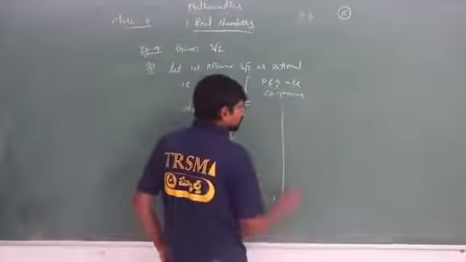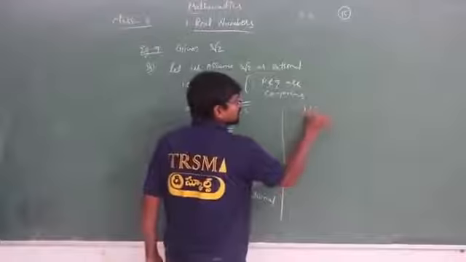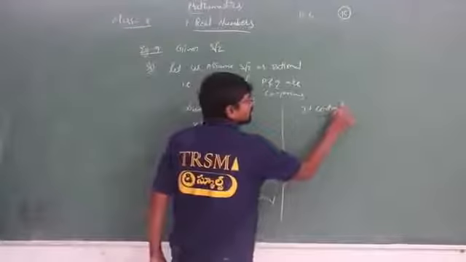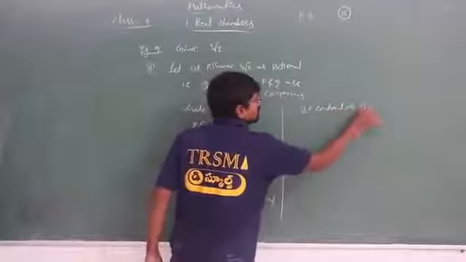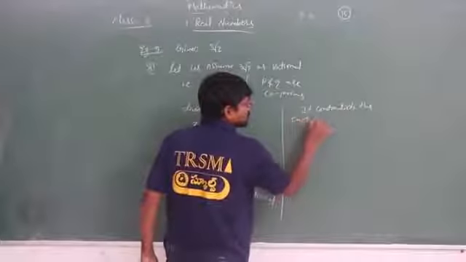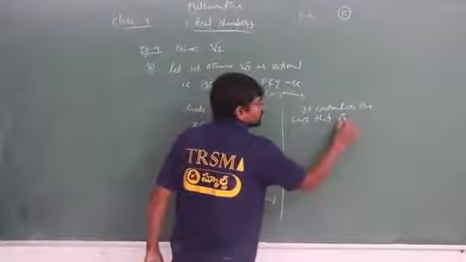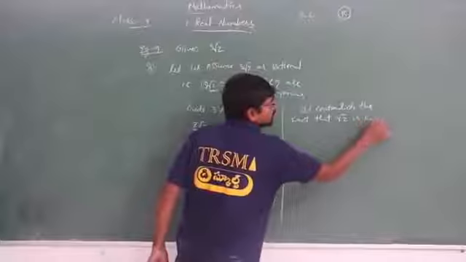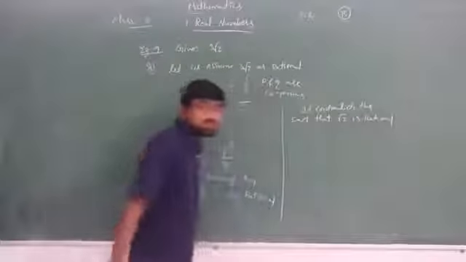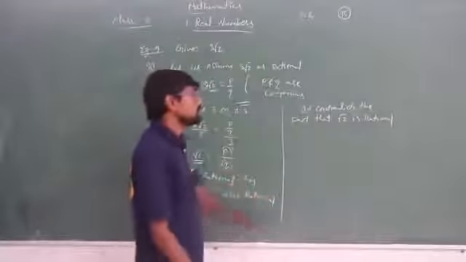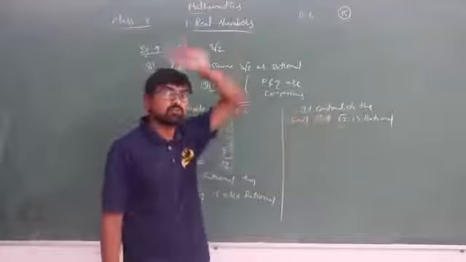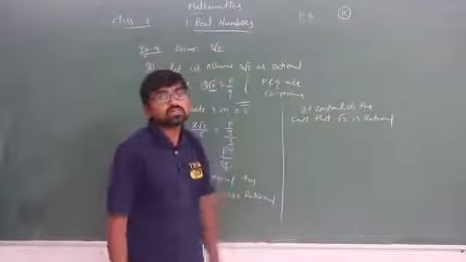So therefore, it contradicts the fact that root 2 is rational. Is root 2 rational? No, it contradicts the fact. It means that it is a reverse. When we proved that, we didn't get root 2 as rational.